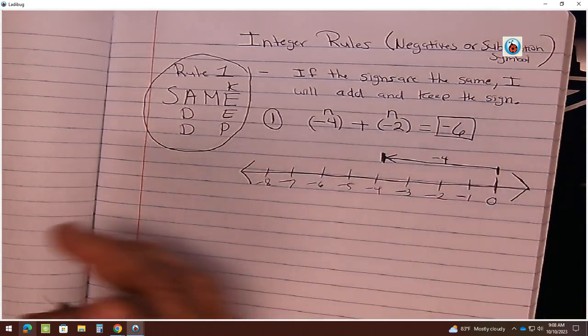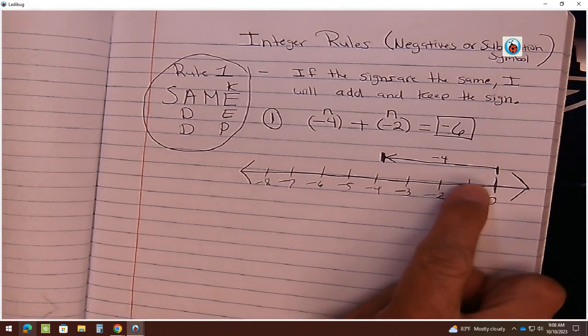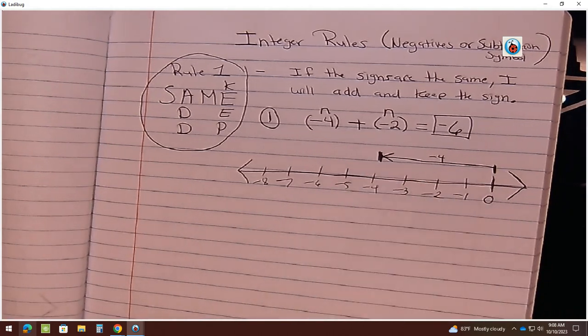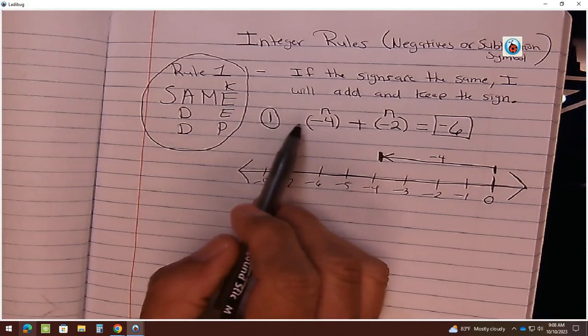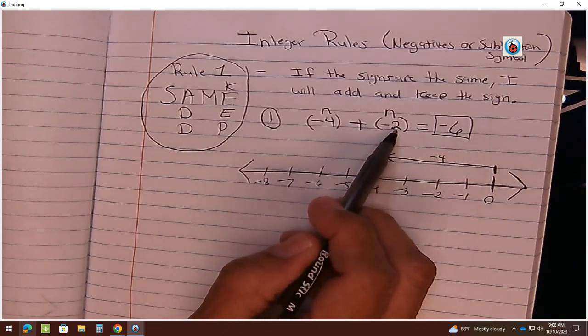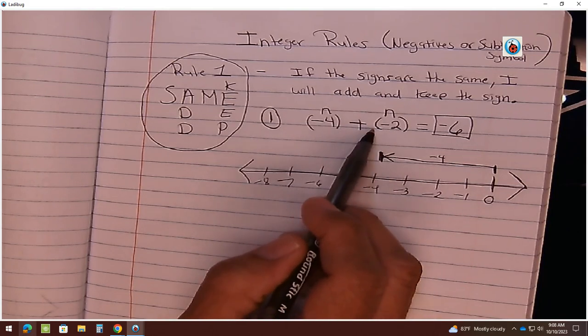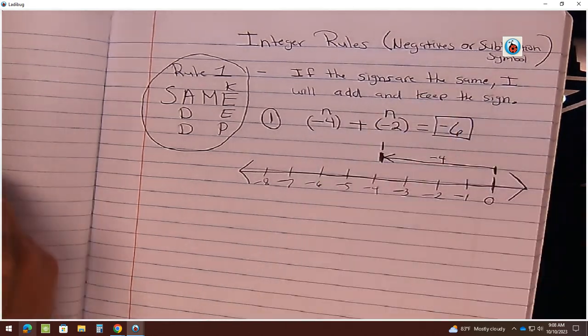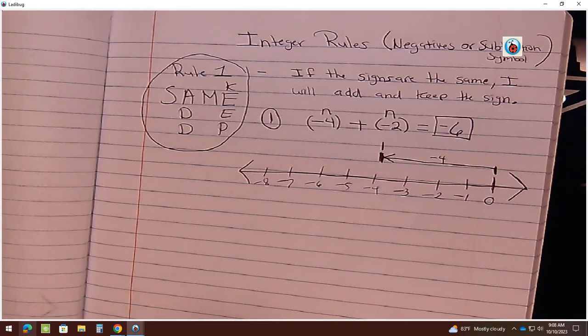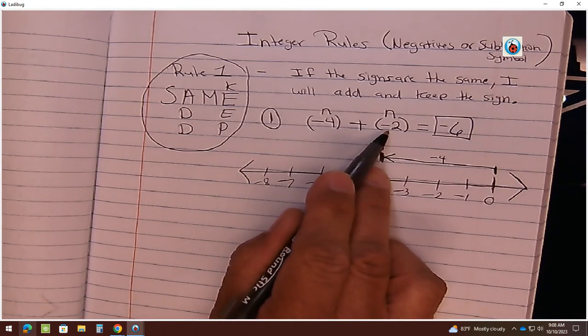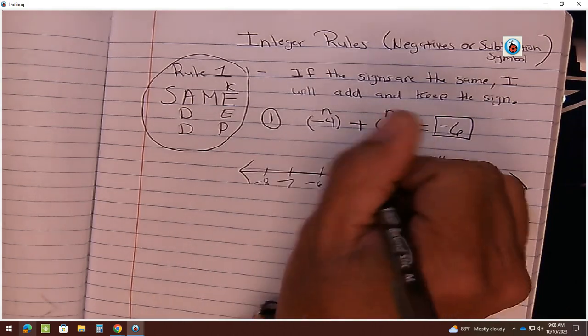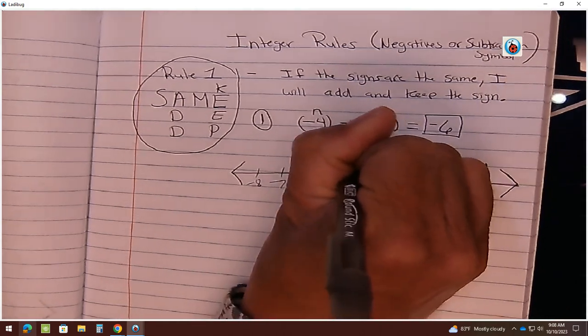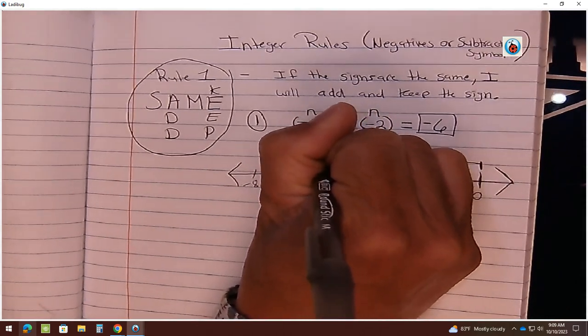And put an arrow, show direction. Questions with that part? But then I added more losses. So I'm going to continue going to the left because it's still a loss. How much did I lose? Two more, right? So I'm going to go 1, 2, 2 more.